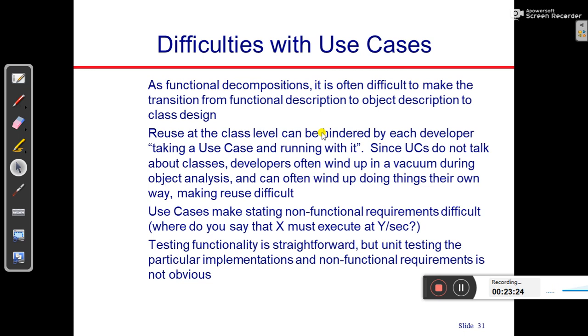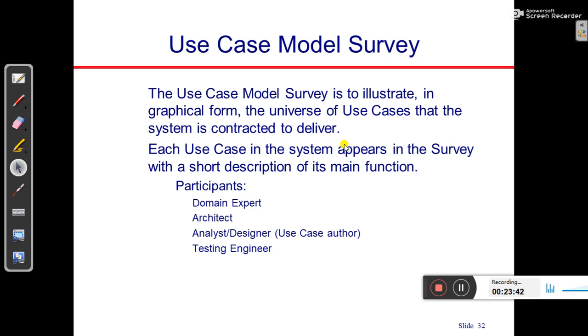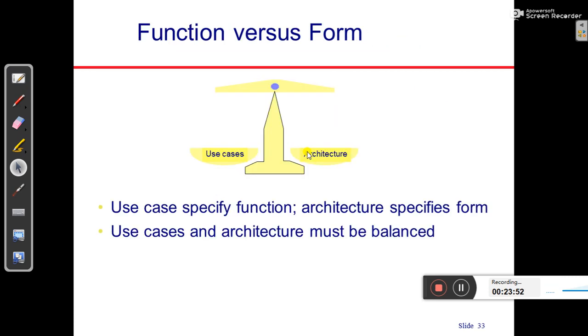But there are also difficulties in case of use cases. In a functional decomposition, it is often difficult to make the transition from functional description to object description to class design. So we'll try to go through more topics and more theory in case of use cases, and try to understand the use case design approach using different types of applications. But the main thing is that use cases specify functions.